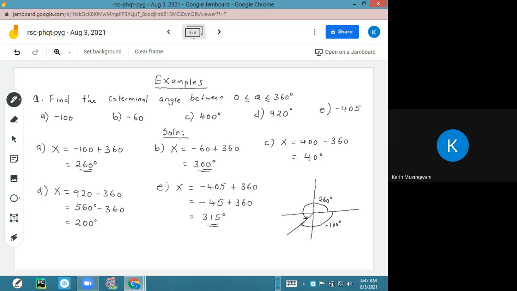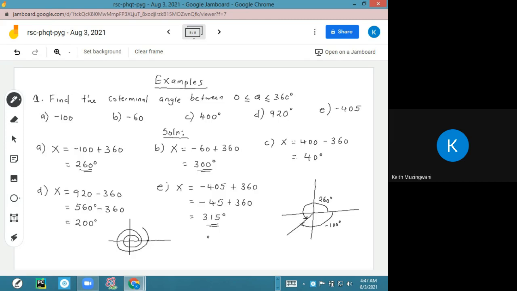So if we demonstrate for 920, 920 goes once, you reach here, it is 360. It goes again, you reach here, it is 720.